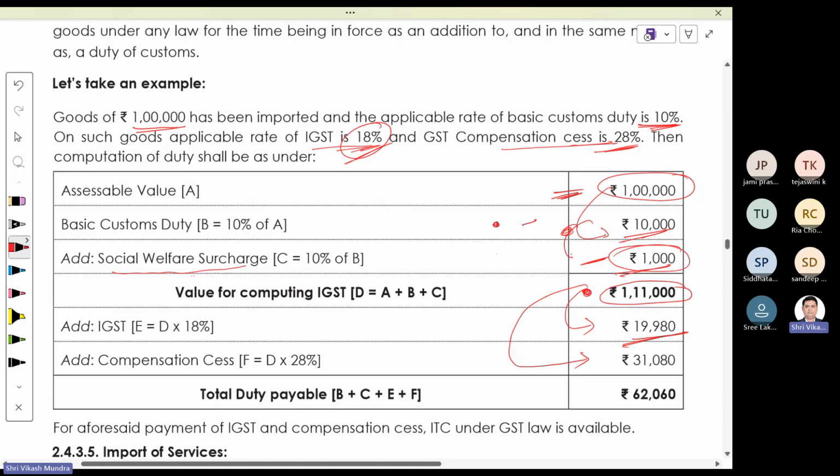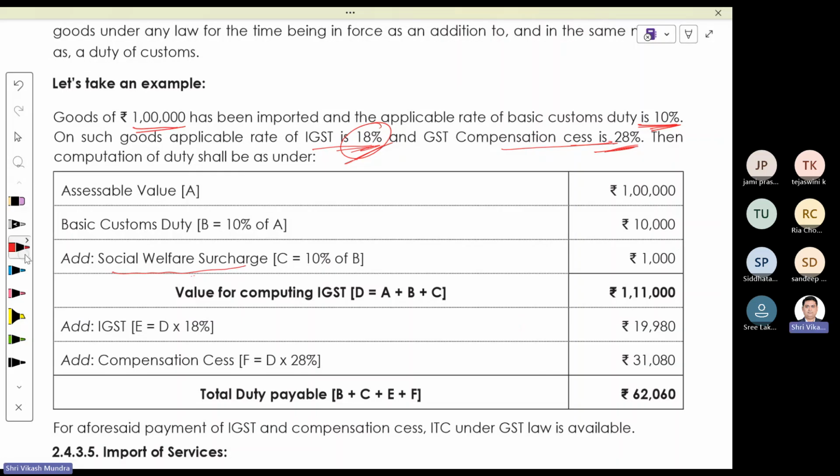Altogether, at the time of importation, we are supposed to pay duty as well as tax amounting to rupees 62,060. How was it calculated? 10,000 plus 1,000 plus 19,980 plus 31,080. Altogether, it comes to 62,060.